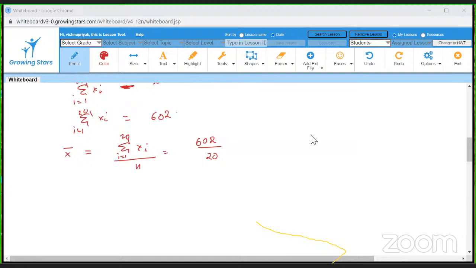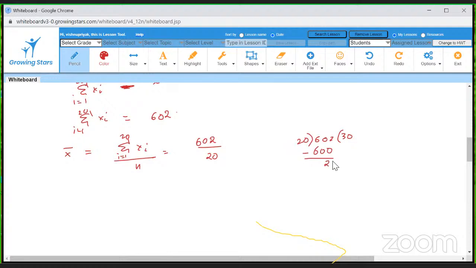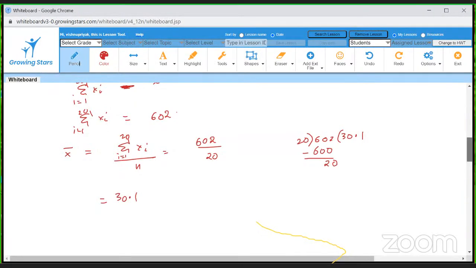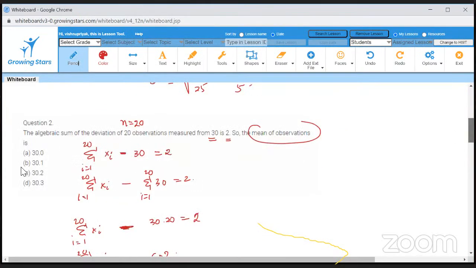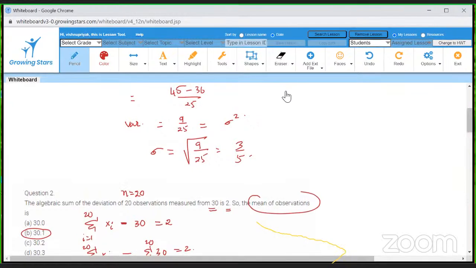If you have a calculator, or you can do like this: 20 into 30, 600, 2 is there, 0.1. So mean is 30.1, which I said is correct. Option B is correct.